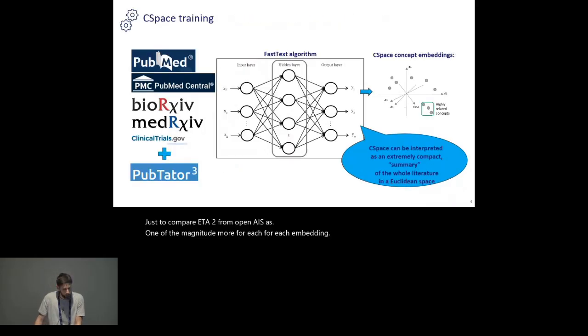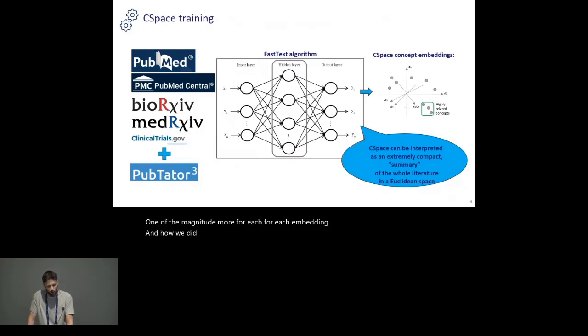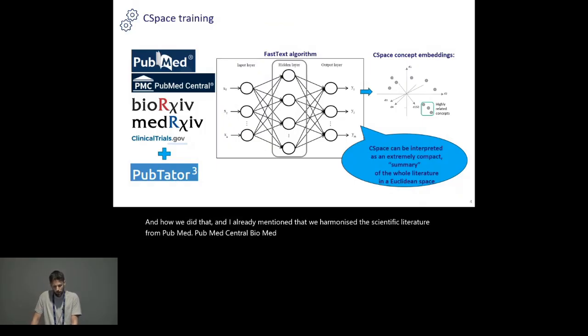And how did we do that? I already mentioned that we harmonized the scientific literature from PubMed, PubMed Central, bioRxiv, clinicaltrials.gov, and then annotated all the text with the PubTator 3 tool.